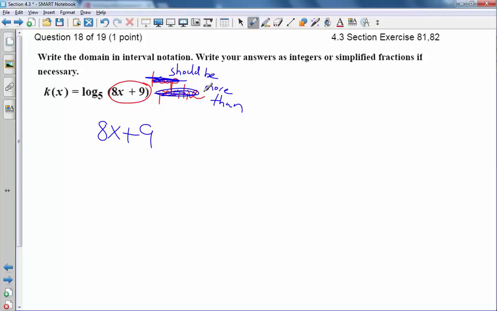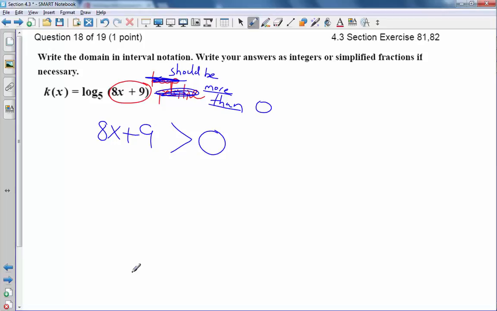Yeah. You like more than better, right? So when I say more than 0, this is the symbol we're looking for. So we are wondering what initial values of x make this thing more than 0.